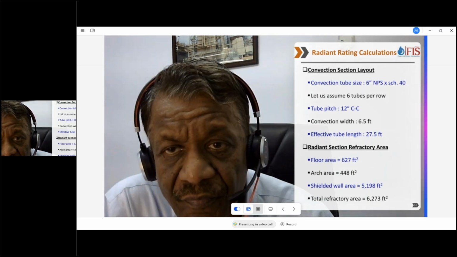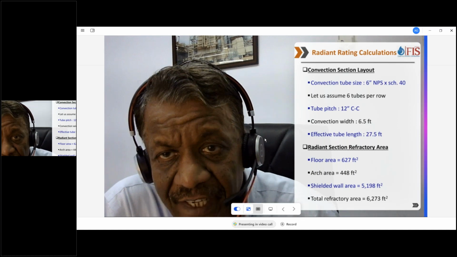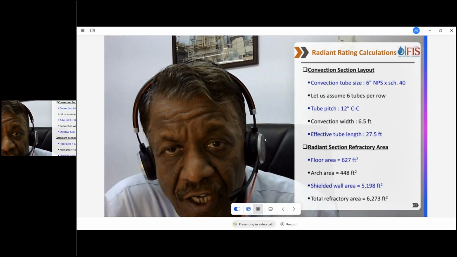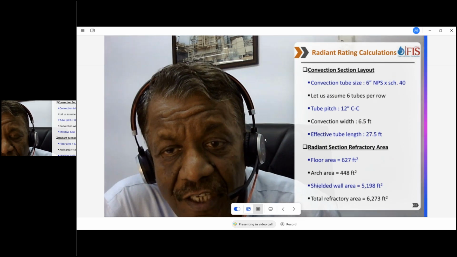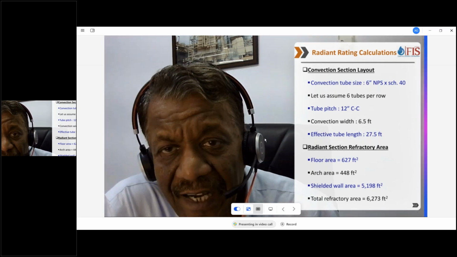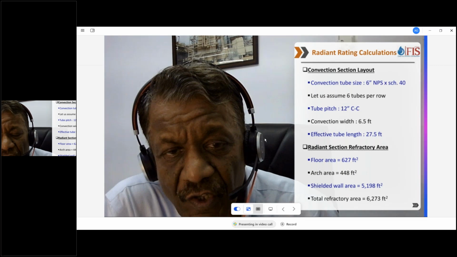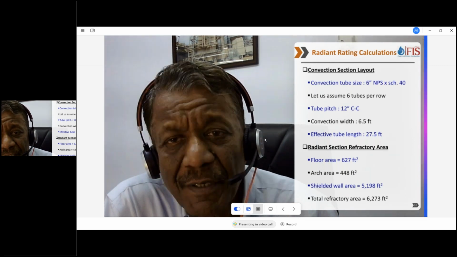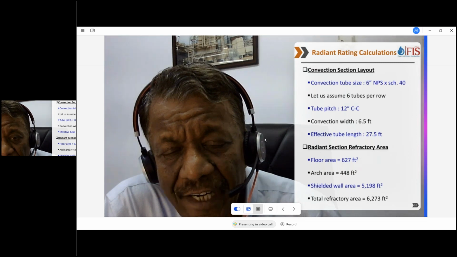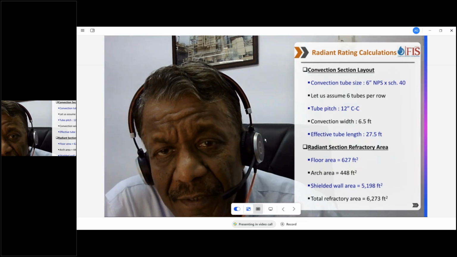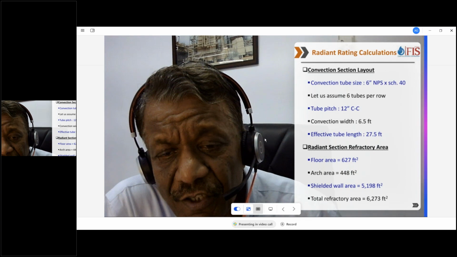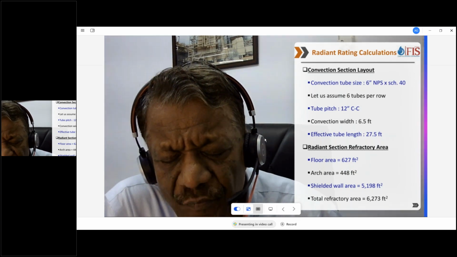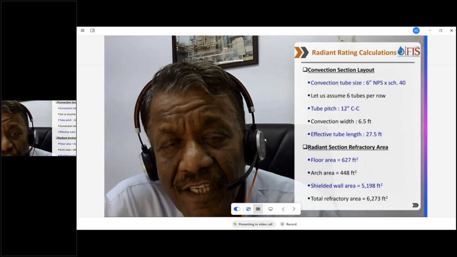So I have received one question from Ganesh. Which factor affects the bulging of radiant coil? So bulging is mostly caused by high tube metal temperatures, or I should say basically from flame impingement. It may not be visible flame impingement a lot of times. It could be the hot flue gas is also licking the tubes.